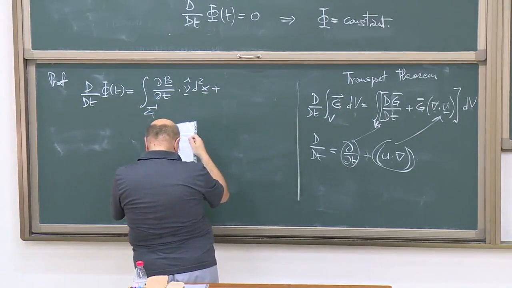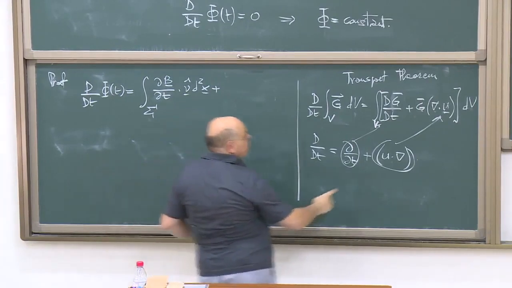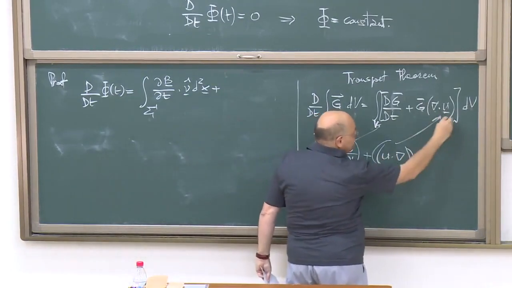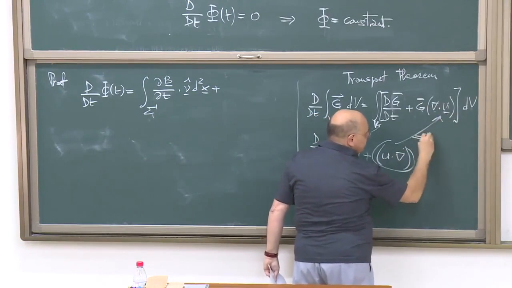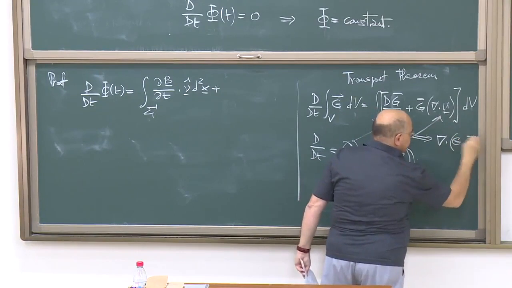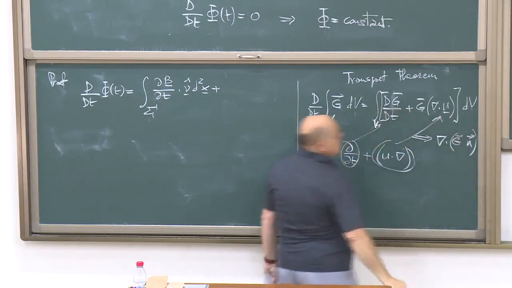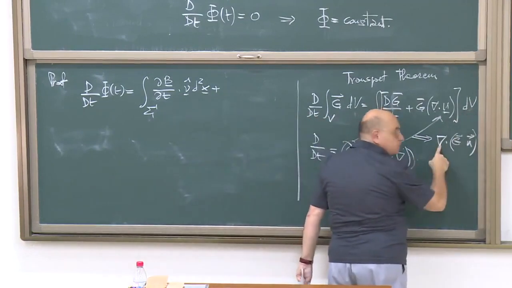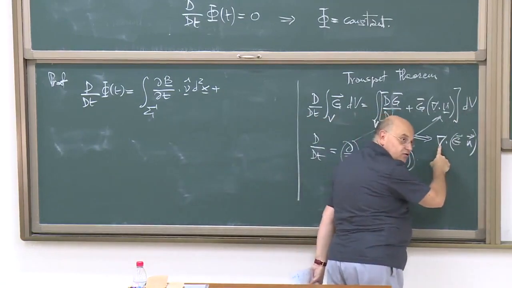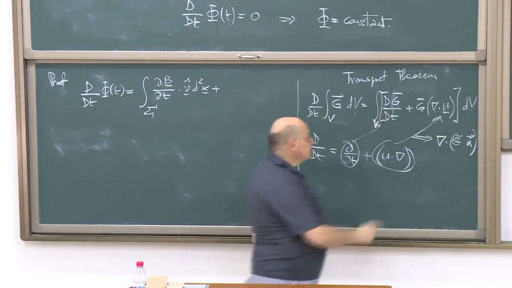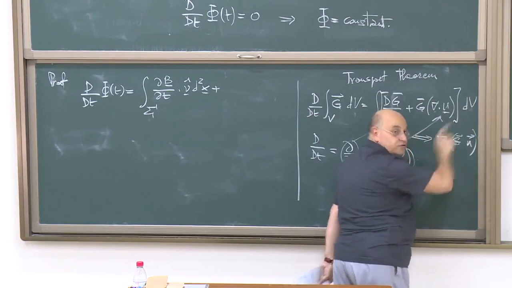So we do this, and from here I told you this and this together give the divergence of gu, and in the volume we use the divergence theorem, which gives us a flux through the surface.